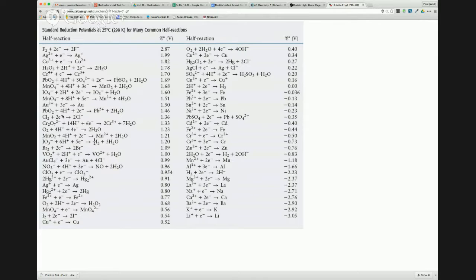So where's iron and water and iodine? So here's iodine, and it's I2 plus 2 electrons yields 2I minus, because you have multiple things to choose from here. So that's in the reduction form. Oh, there's Fe3 plus. Where's the Fe2 plus? Here they're right together.